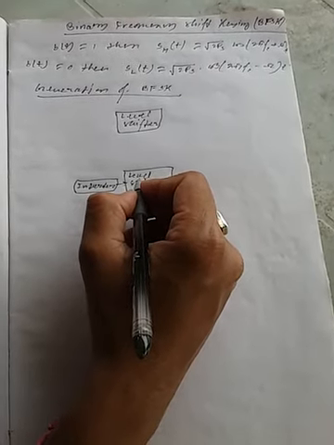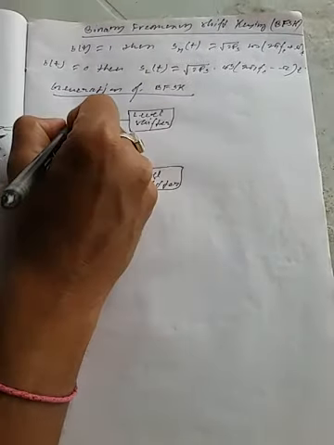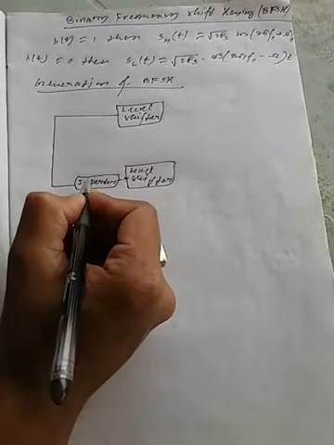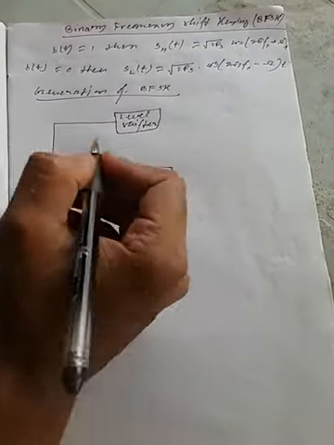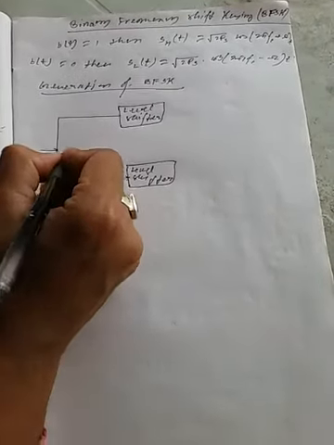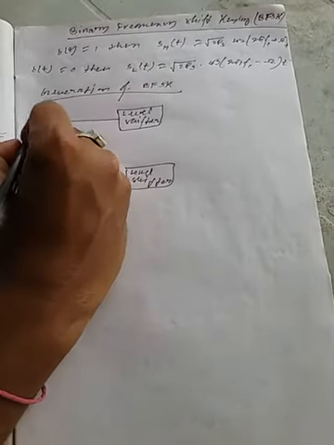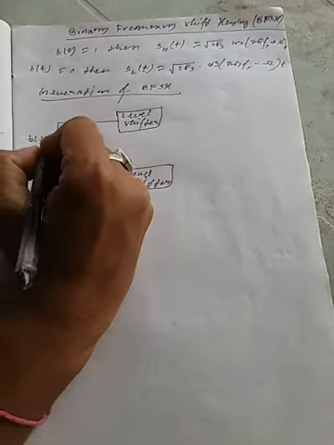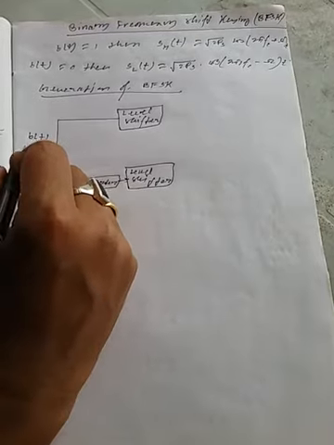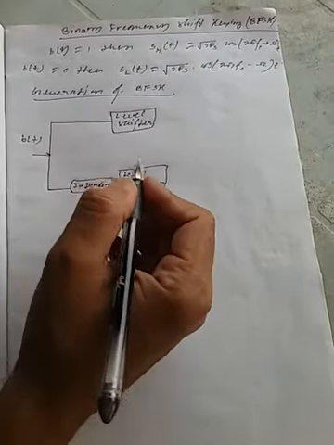What is the function of this inverter? The inverter basically inverts the bit from the higher frequency signal to the lower frequency signal. This bit b(t) is the symbol that may be 0 or 1.